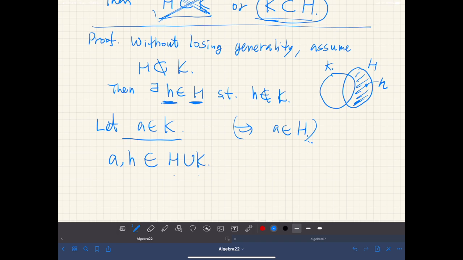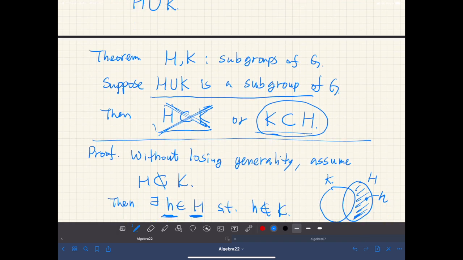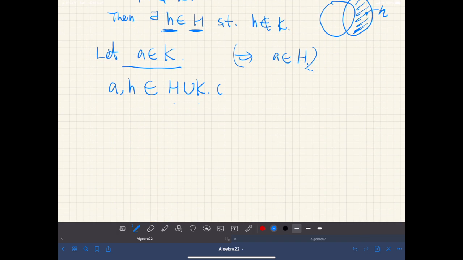And by assumption, H cup K is a subgroup of G. That means therefore ah, their product, is an element of H cup K because it's a subgroup, so it should be closed under multiplication. So therefore a times h is an element of H cup K.